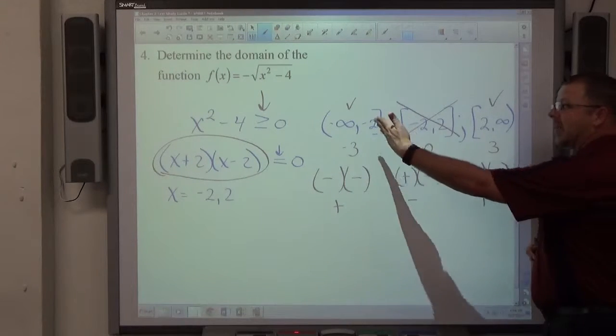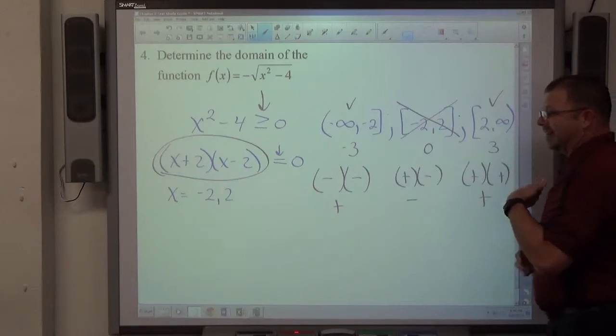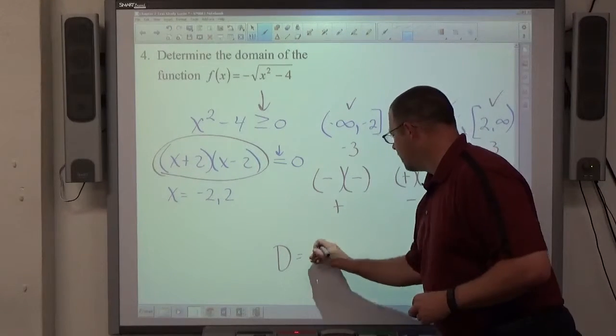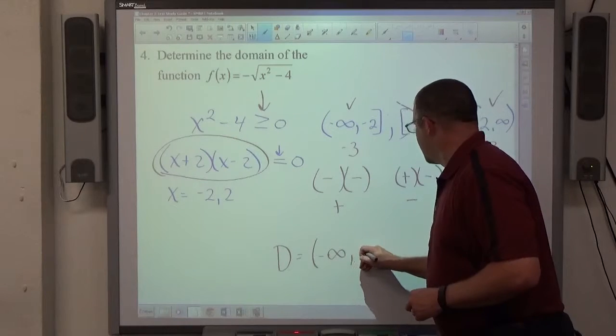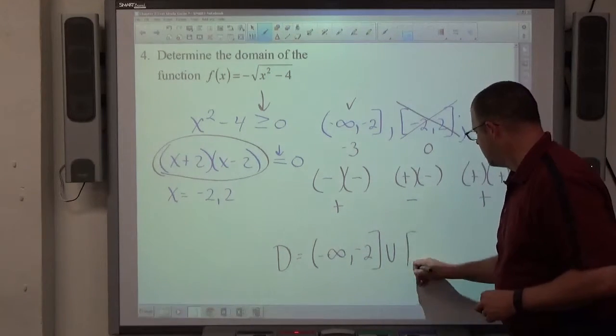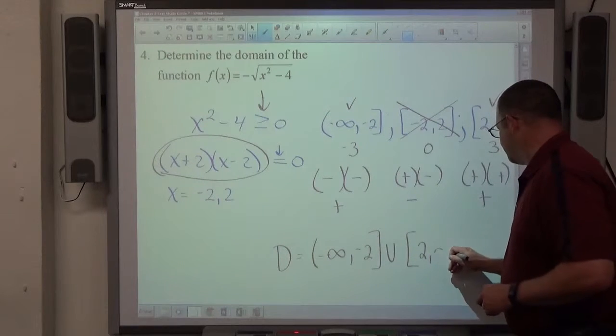So my domain in interval notation is that, and I'd be fine with you leaving it like that if you wish. Domain equals negative infinity comma negative 2 union with 2 comma infinity.